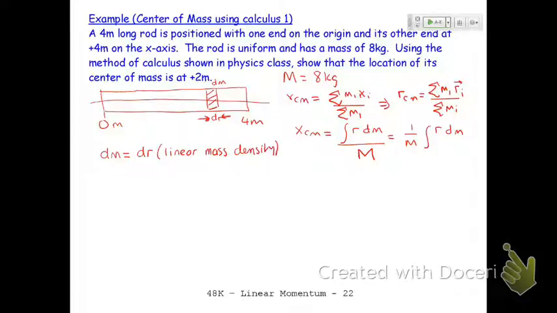Now, frankly, I could have said the volume mass density, in which case I'd have to figure out a volume for this slice. And I could, it's uniform depth and uniform height, so I can do that. But there's no need because it's uniform. So we can think of it in terms of linear mass density. And I say, hold on, my dm is equal to dr times my mass density.